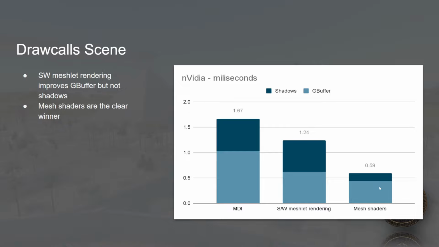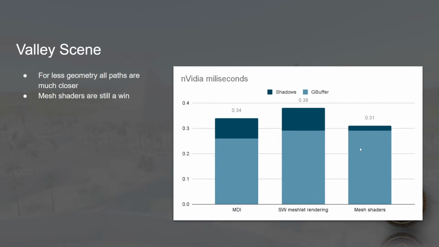And as we can see, the mesh shaders are a clear win in the first scene. In the second scene, things are a little bit murkier. Mesh shaders come out on top, but only because they help in the shadow passes. For the G-buffer pass, it seems MDI is the winner, so drawing the whole object.